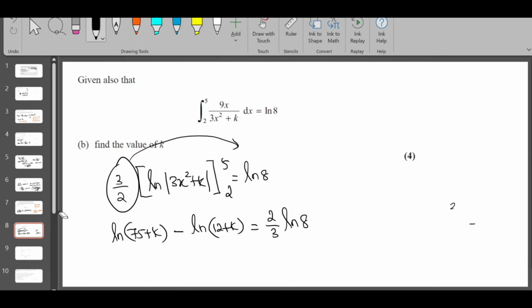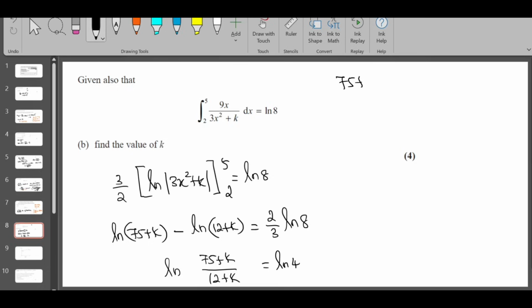So in the next step, I'm writing it as ln 4 here. This one ln a minus ln b, write it as a single logarithm, (75 plus k) over (12 plus k). Now since we have a single logarithm on both sides of the equation, just cancel it. We'll get (75 plus k) over (12 plus k) is 4.